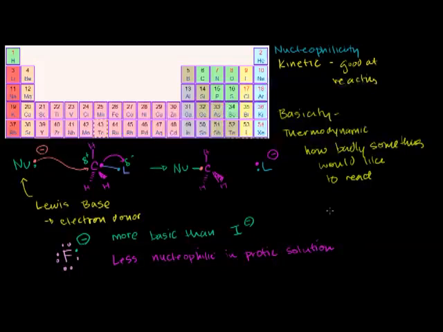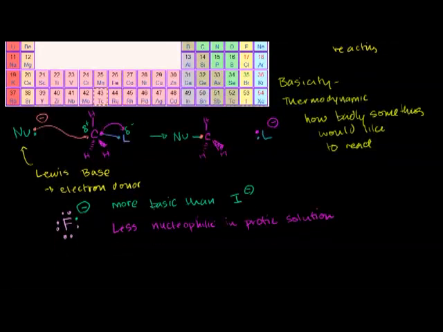And the whole reason it's less nucleophilic is because there are other things that are keeping it from reacting. We saw in the video on what makes a good nucleophile that in the case of fluoride, it's a very small ion, so it's very closely held. The electron cloud is very tight, and so it allows the hydrogens from the water to form a very tight shell around it.